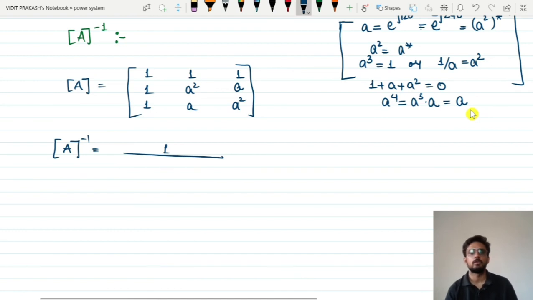Okay, so 1 by A square into A square, that is A to the power 4, which is A minus A square, A minus A square, minus of 1 into A square minus A, right? A square minus A, or we can write A minus A square, and this will be plus 1 into A minus A square, A minus A square.